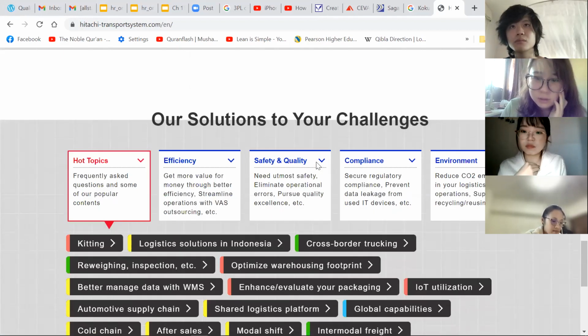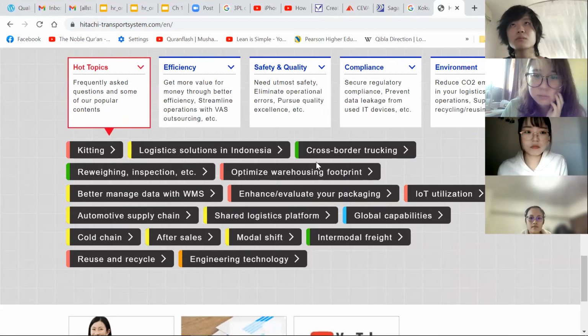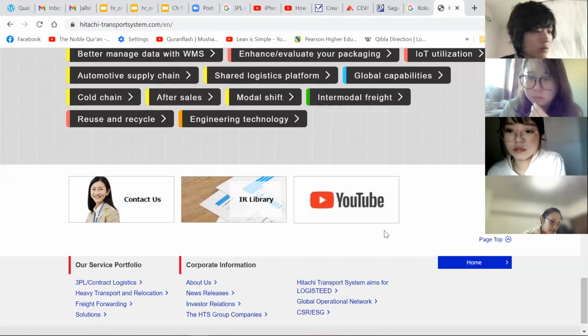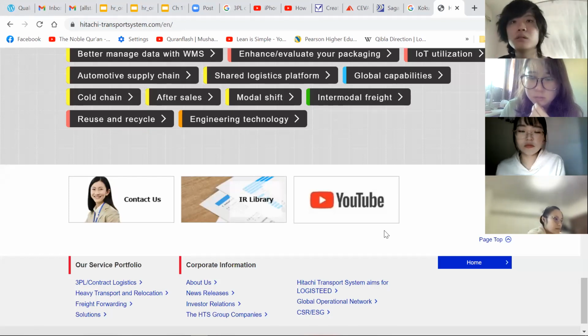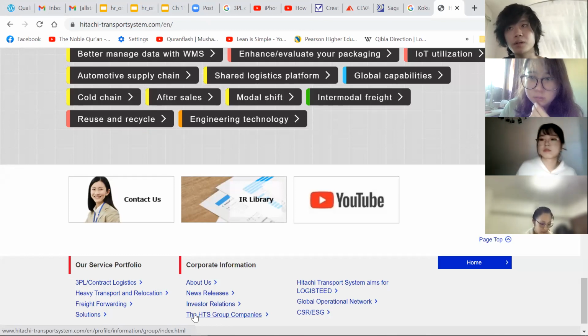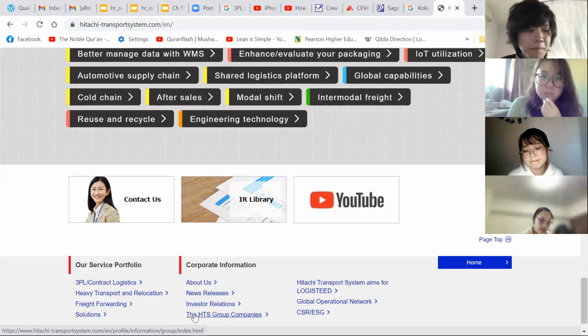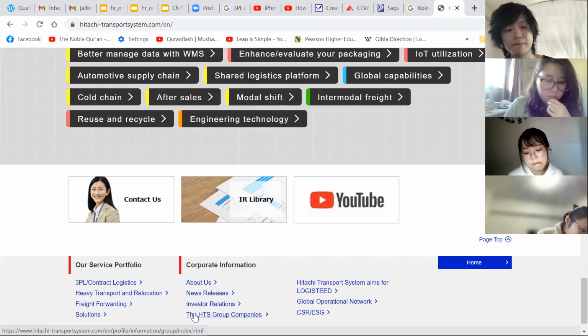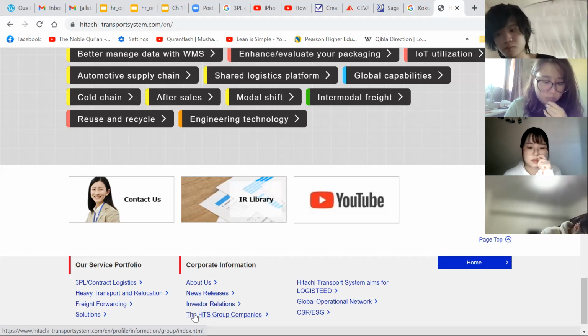So it's actually a big business, a very big business of logistics solutions all over the world. Especially today, because of COVID, because of Corona, we need to design and create new logistics systems that will attract buyers.